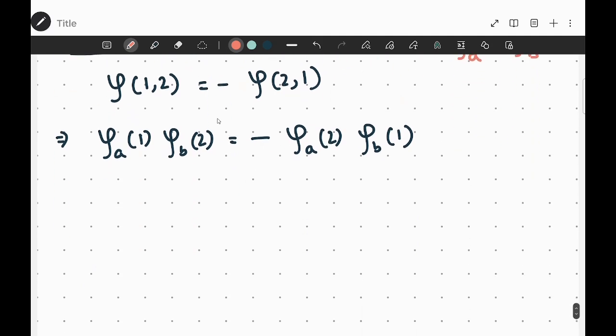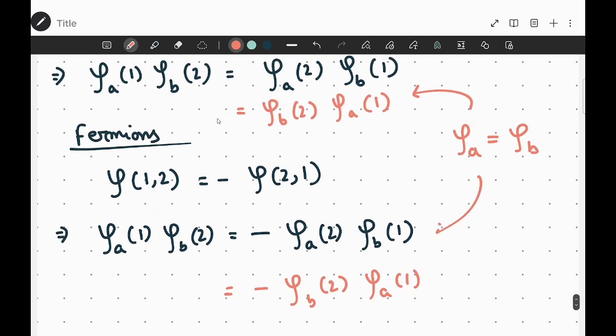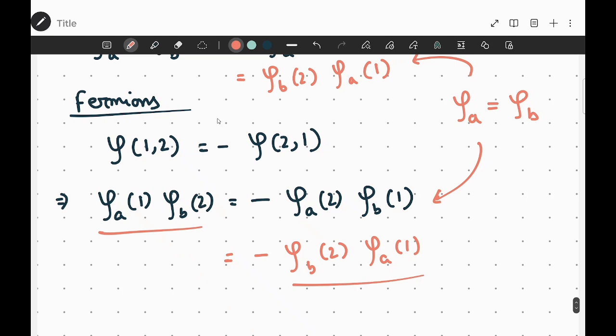Okay. But here, if you put it, what will we have? Psi A, psi B2, psi A1. So is it matching? No. A minus sign is appearing. So what does it mean? It means that this psi 1 is not an acceptable wave function for fermions, because it is not antisymmetric.